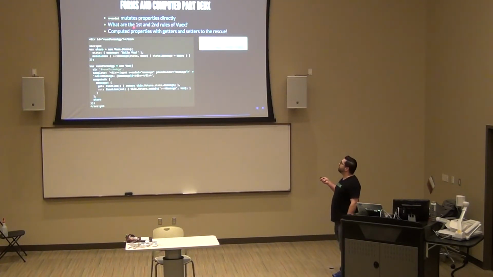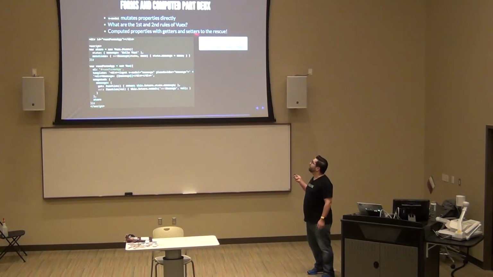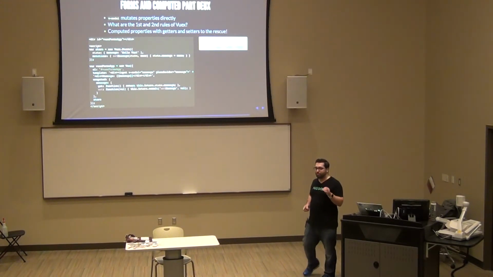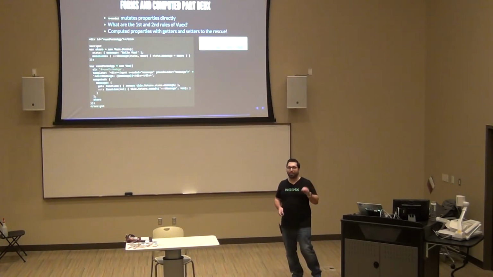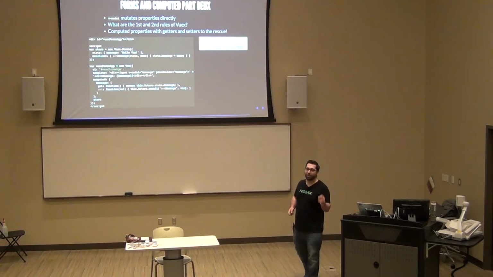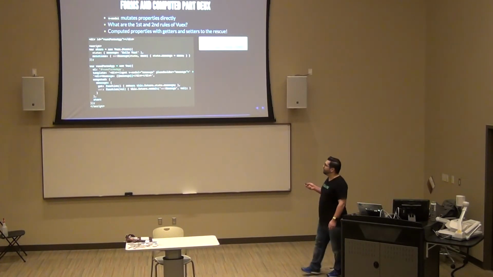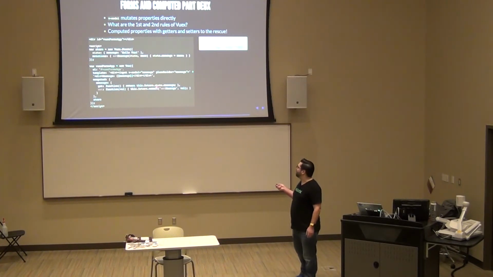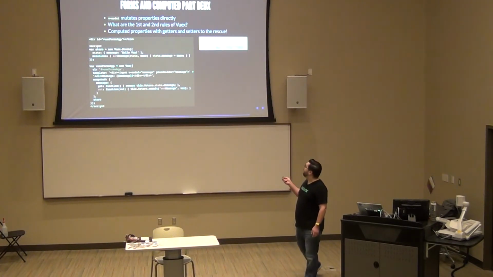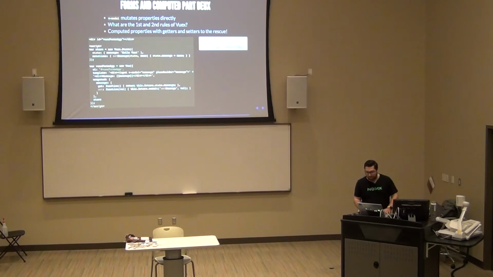Our computed properties, I didn't get a chance to mention it earlier, but you can do a computed property that's just a function, and that makes it a getter only. That's the default style of computed properties. But you can also define them with getters and setters. So we can make a computed property that wraps around the retrieval and committing of a state property, and that allows us to shove things in and out of the state.